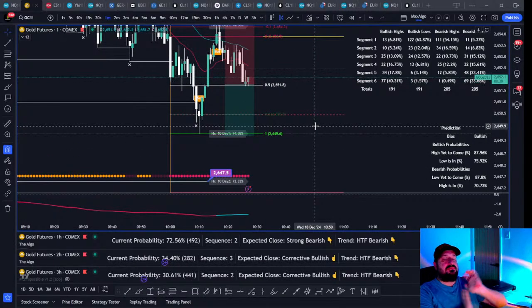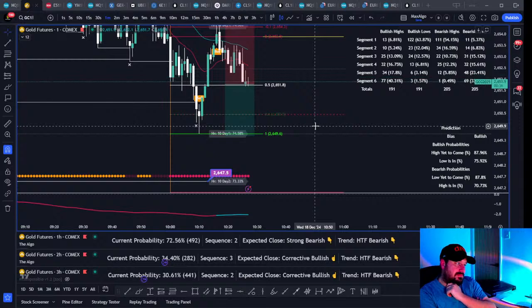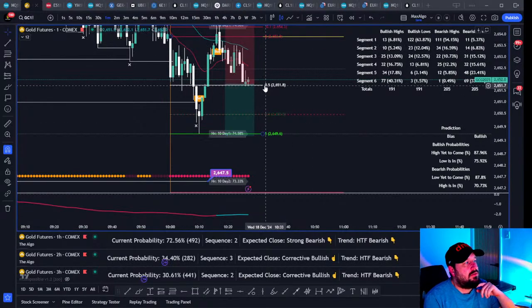Painful loss, that one. With the buy signal, I would have been out break even.